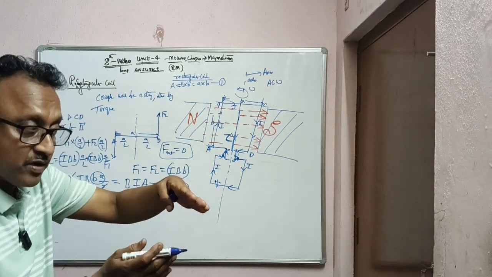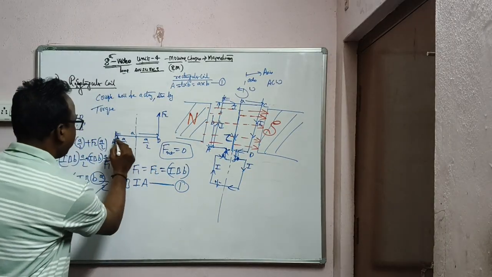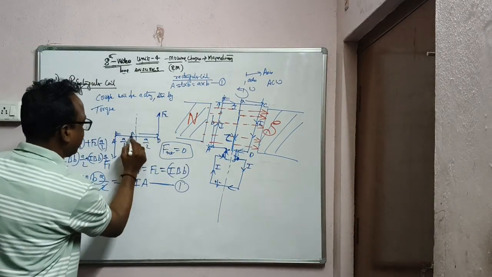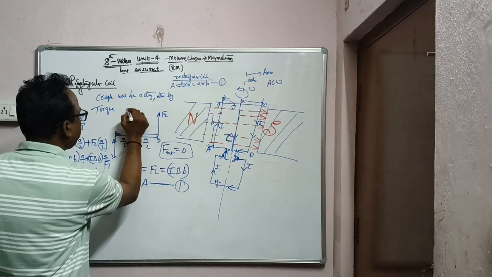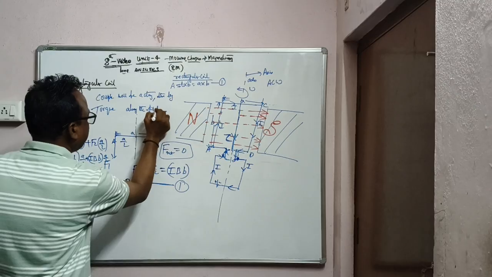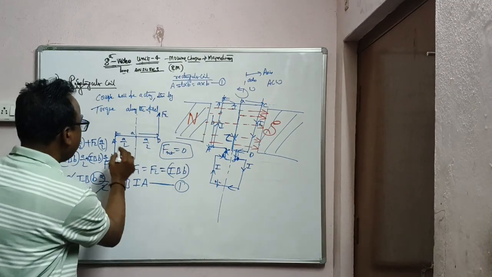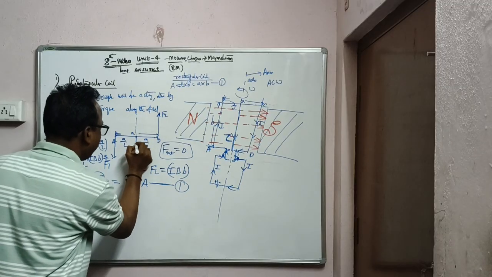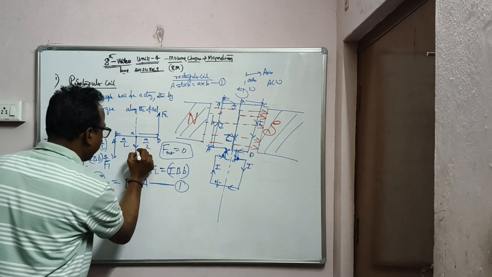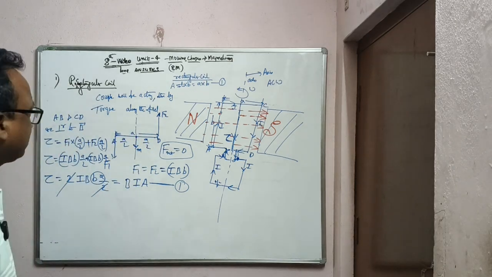But suppose it is twisted by some angle, I'll show you all that. When the plane is along the field, this is along the field. Now if it is twisted a little, then the magnetic moment is towards the downward direction.